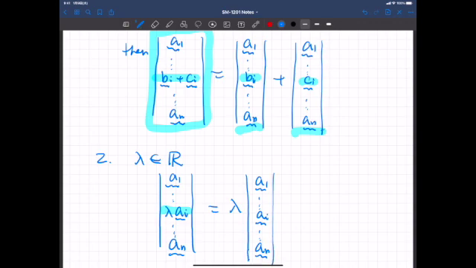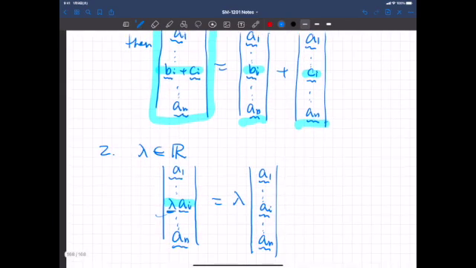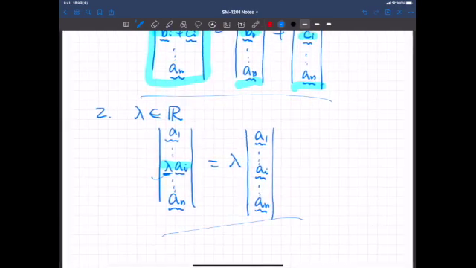So this scalar lambda can be put outside of the determinant. So we have these two equalities.